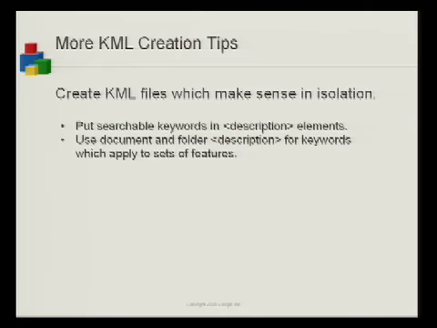Okay. So let me talk about a couple more KML creation tips. As opposed to GeoRSS, which is generally part of a feed of information, we suggest that you make KML files that make sense in isolation, so that the individual point is actually meaningful and doesn't have to be part of a larger set.